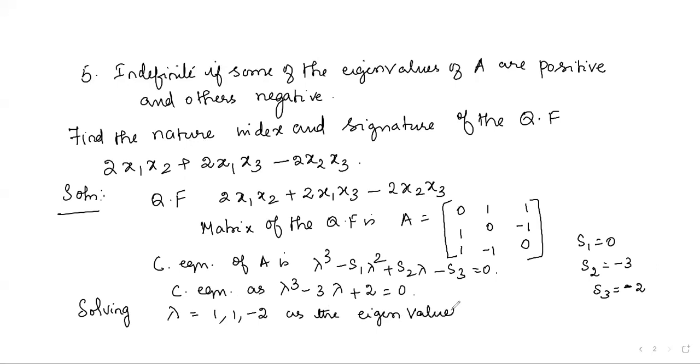Here you can see that out of three eigenvalues, two are positive and only one is negative. Therefore now we can write the nature, index and signature. Two of the eigenvalues are positive and one eigenvalue is negative.